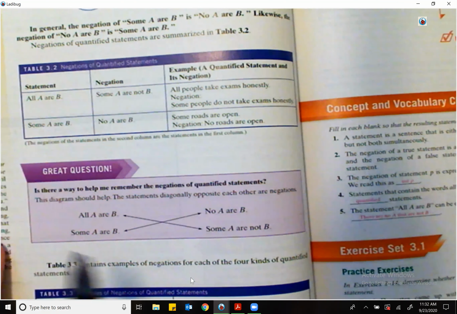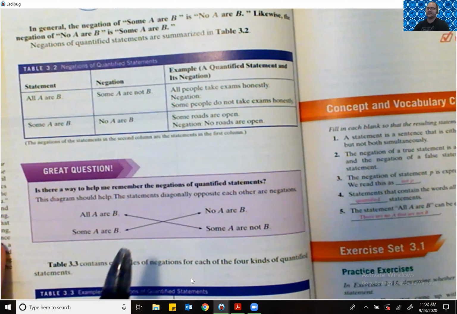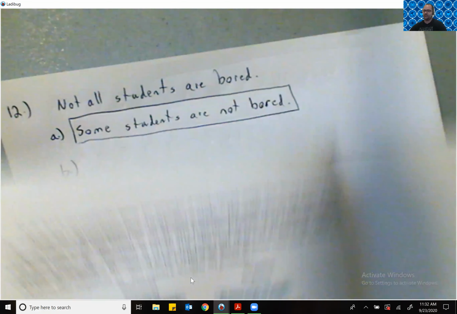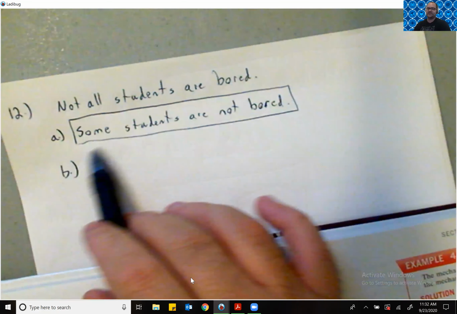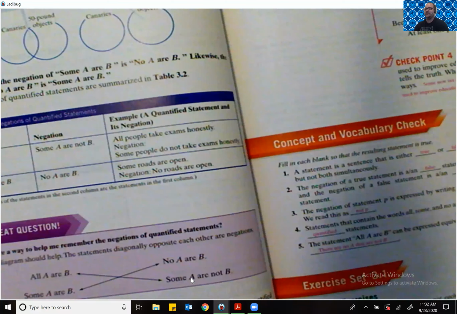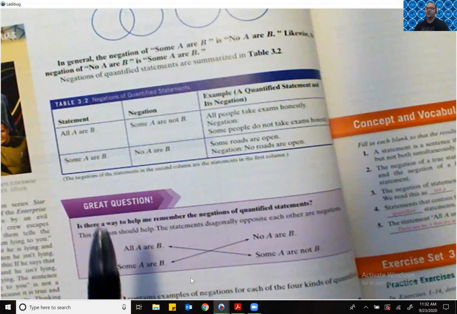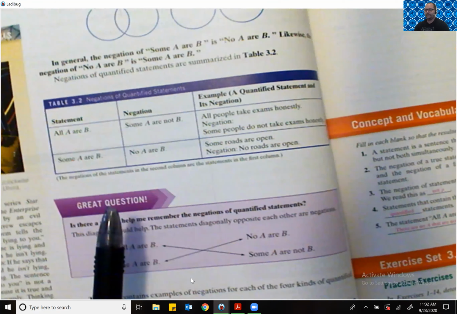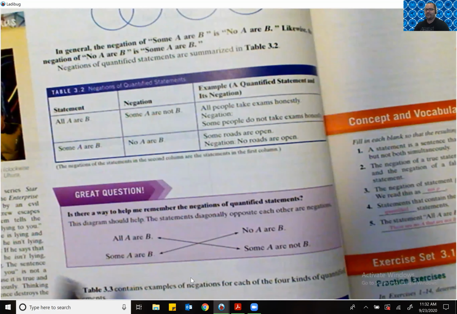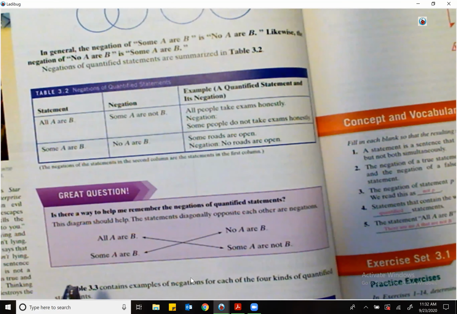No. Then we're going to look at the second sentence, the equivalent one we found. Do you see a sentence in here that says some students are not bored? Well, I see the negation for the first one is some A or not B. There you go. You found it.